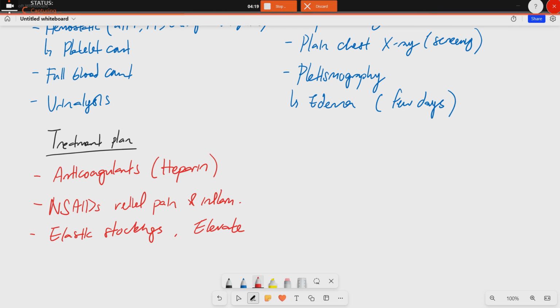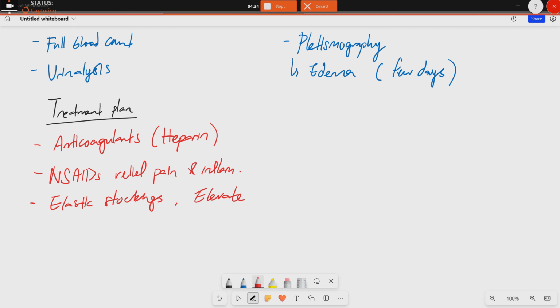And also, last but not least, it is surgery. This surgery is indicated not for cosmetic purposes, but rather to prevent complications. This surgery is known as crossectomy.